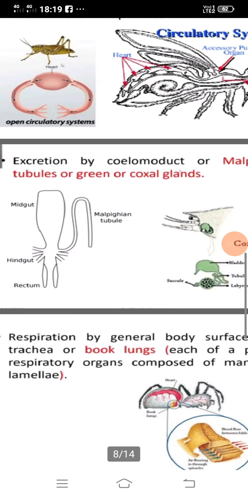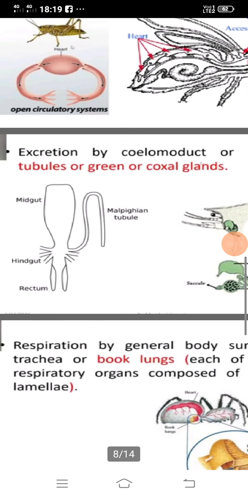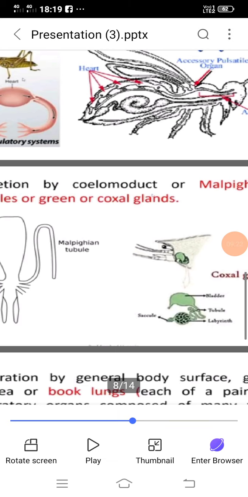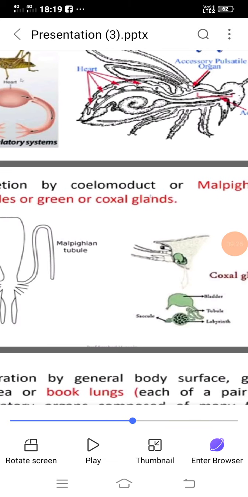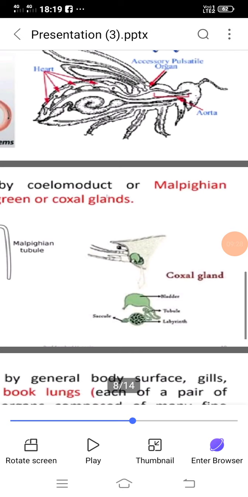Okay, it opens at the joint of hindgut and the midgut. So this is the Morphine tubules, also called Silomo ducts, or sometimes they may have a special type of gland called the Coxal gland or the green gland.